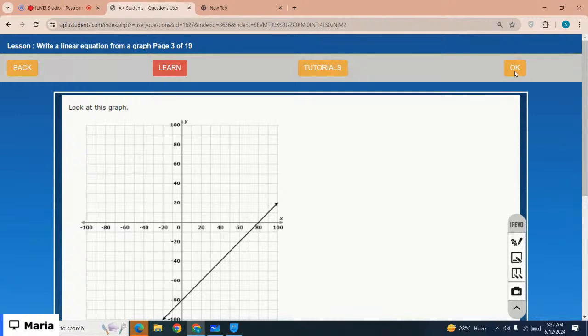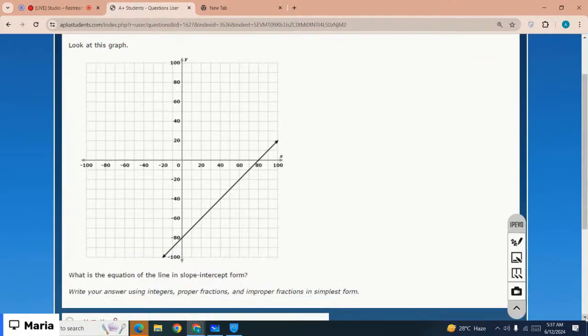Look at this graph. What is the equation of the line in slope-intercept form? Which is the correct option?